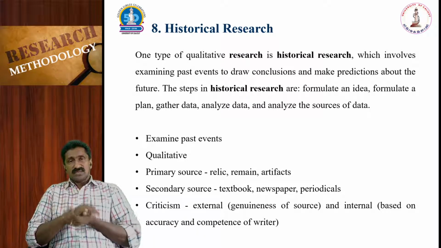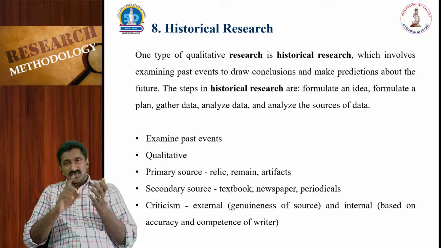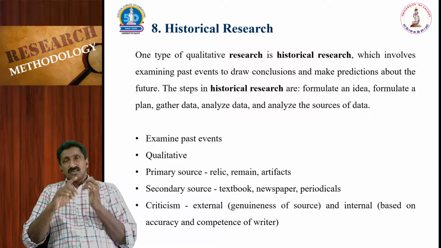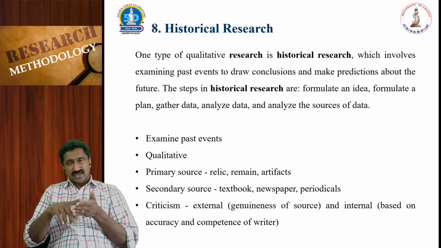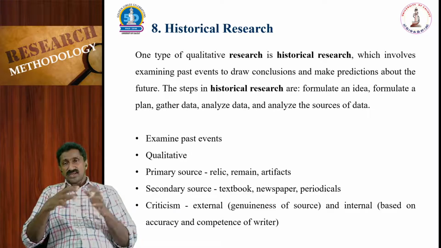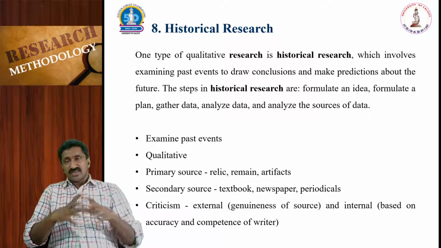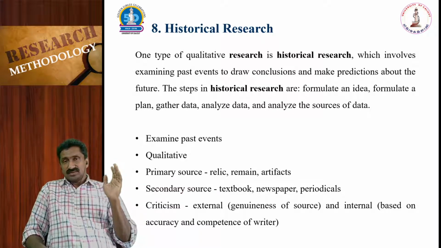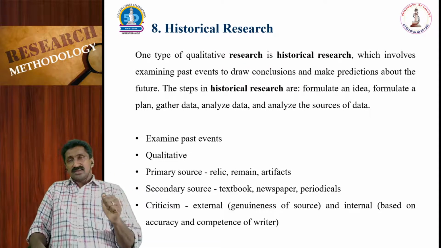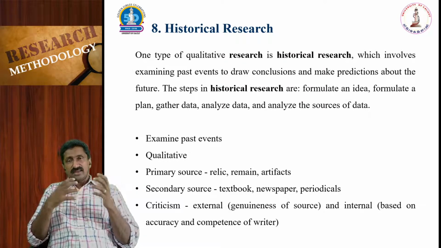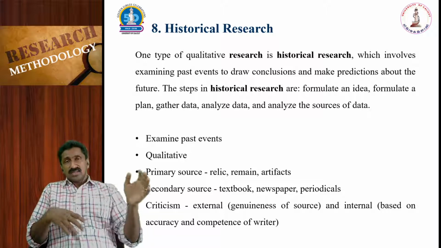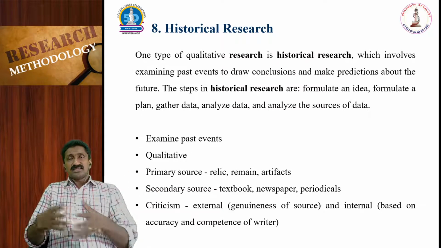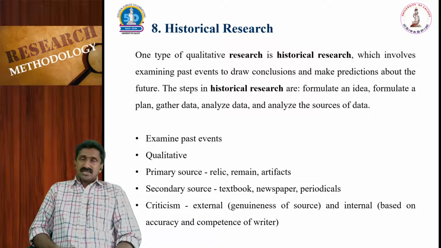The steps in historical research are: formulate an idea, formulate a plan, gather data, analyze data, and analyze the source of data, etc. First of all, the data is already there. You formulate the idea, and then you plan to work accordingly. Then you collect the data and analyze it, and finally you interpret that data.